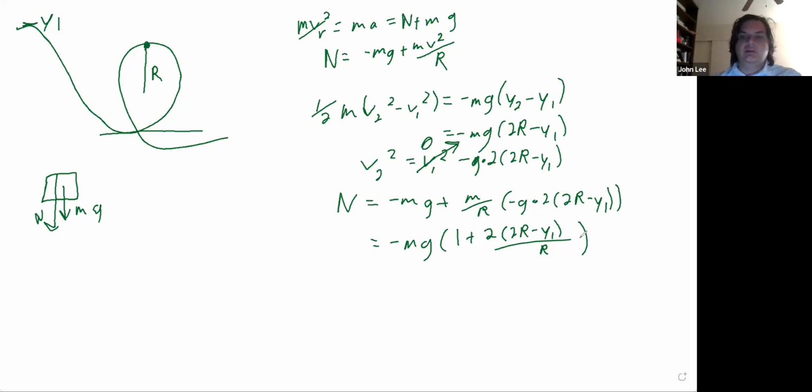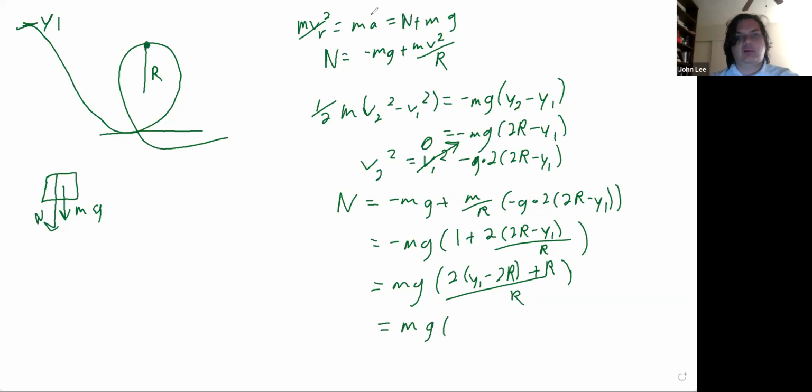Oh, which is equal to mg times 2 y1 minus 2r over r plus r, is equal to mg, or minus r.